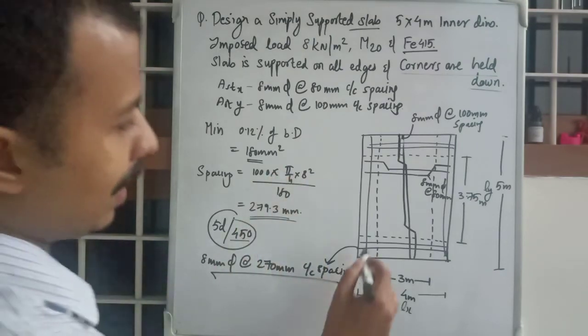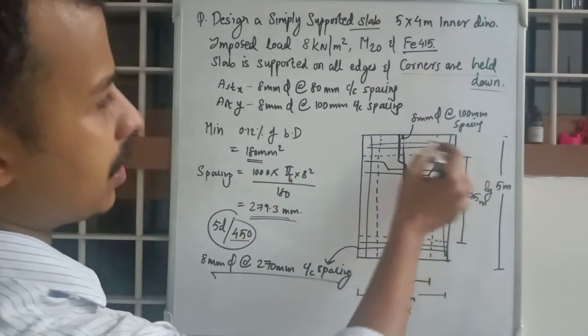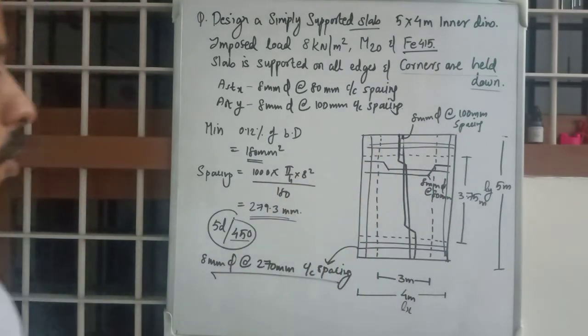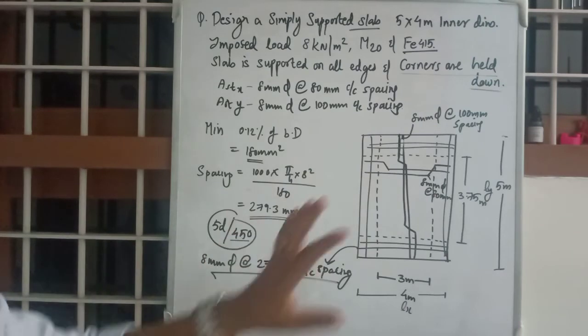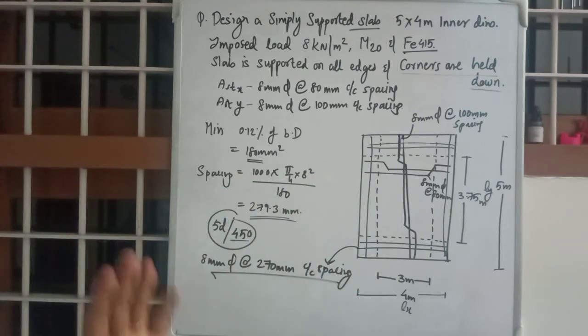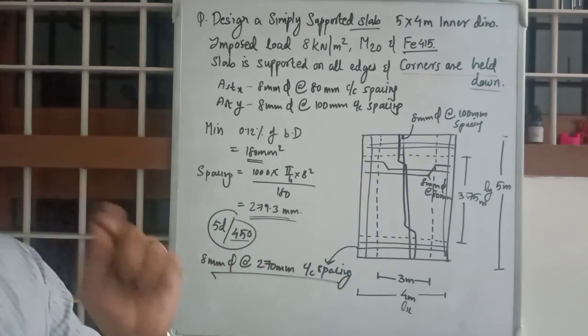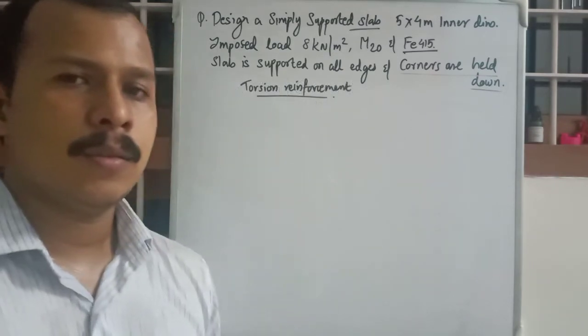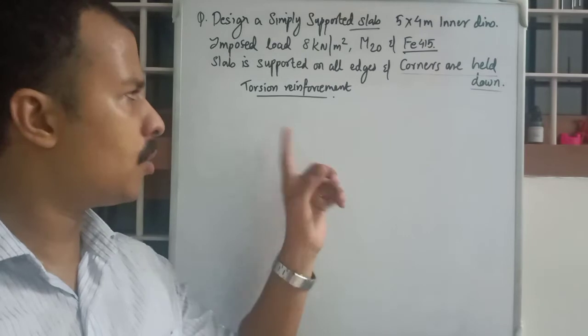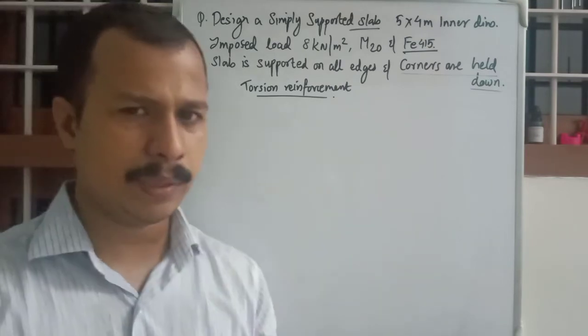And now we have to add torsional reinforcement in here also. Okay, so this is the reinforcement without torsion till now. So now we are going into torsion reinforcement. While calculating torsion reinforcement, you need to know a little bit more.